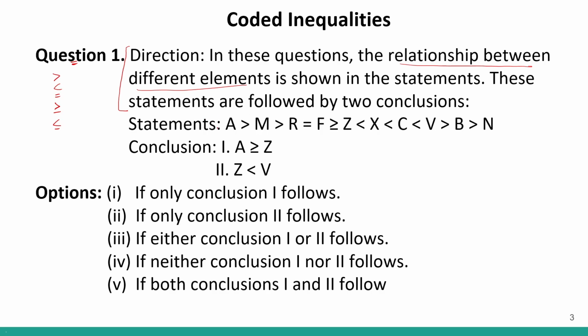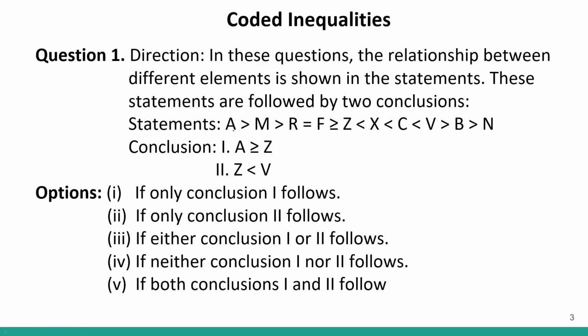Two conclusions are given, or in some questions even 3 or 4 conclusions are given. We have to find the conclusions that follow. Follows means we have to find the conclusions that are definitely true. Correct?